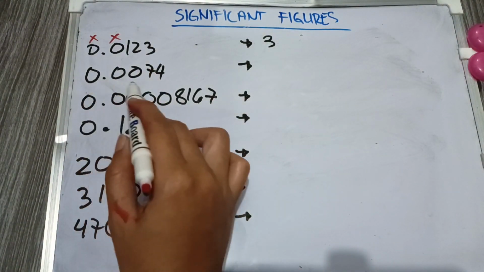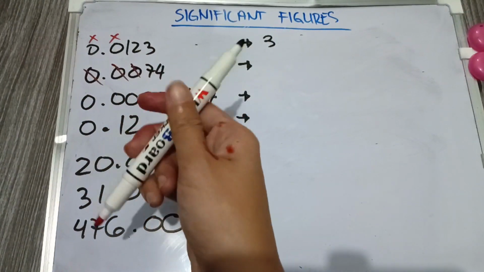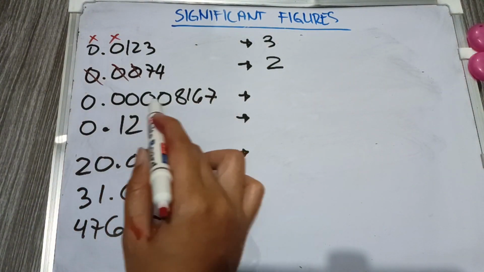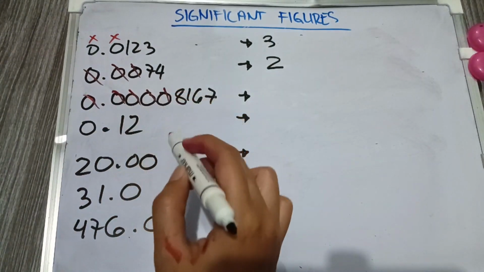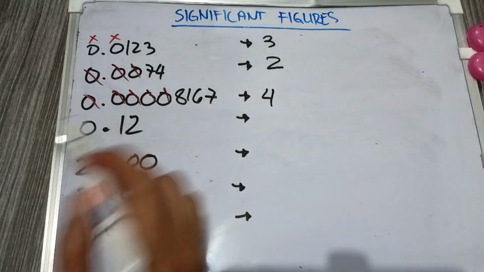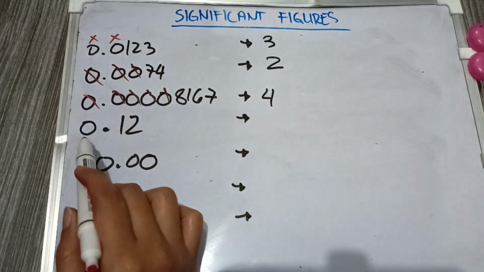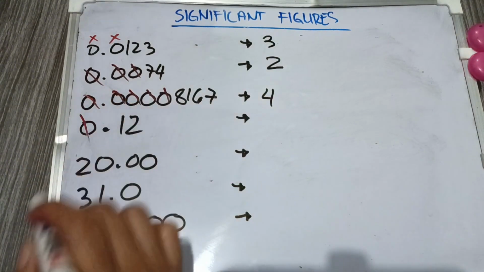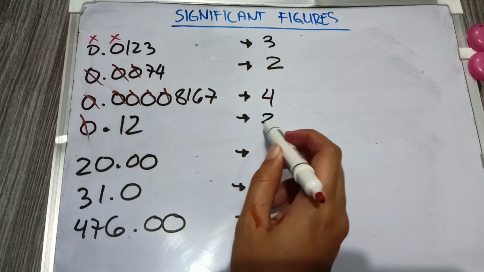Same as this, these are leading zeros, the beginning zeros, we cannot count that. So we only have 2 significant figures. These are all leading zeros, so we cannot use this. So we only have 1, 2, 3, 4. We have 4 sig figs in here. Even this 0 on the left side of the decimal is not a significant figure, so we only have 2.